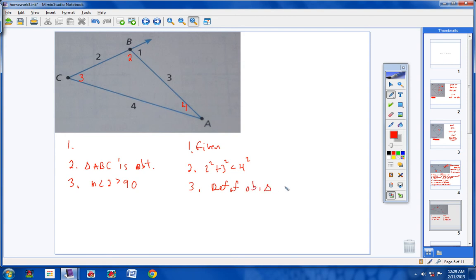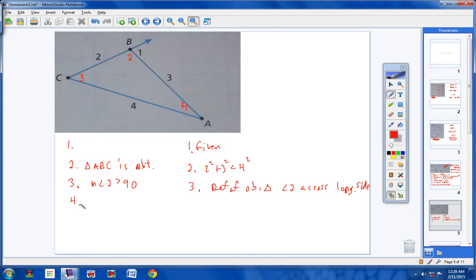But also the reason would be angle 2 is across from the longest side. See, look at your sides of your triangle. 2, 3, and 4. This is the longest side, so the angle across from that has to be the largest angle. If we have an obtuse triangle, which we do, then that's the angle that has to be obtuse or larger than 90. Okay? Now, look what I put next.